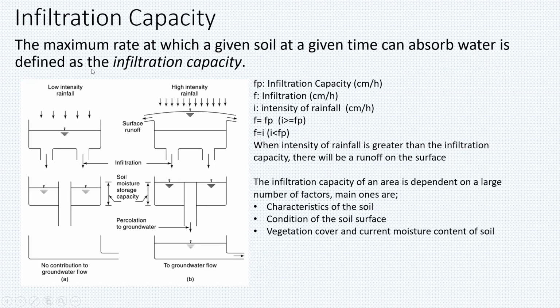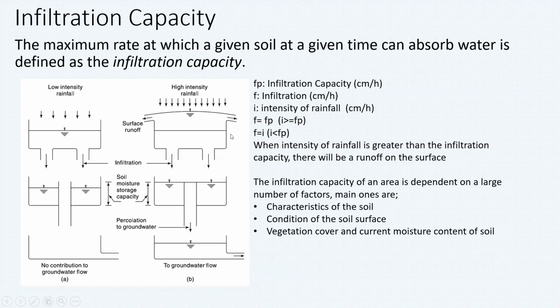Now, if you think about the infiltration capacity as fp, infiltration as F, and the intensity of rainfall as i, look at these two conceptual diagrams. On the left hand side you have low intensity rainfall, and on the right hand side you have high intensity rainfall.